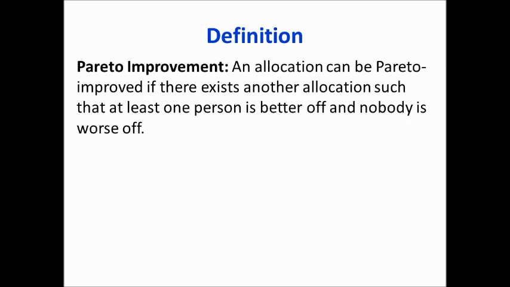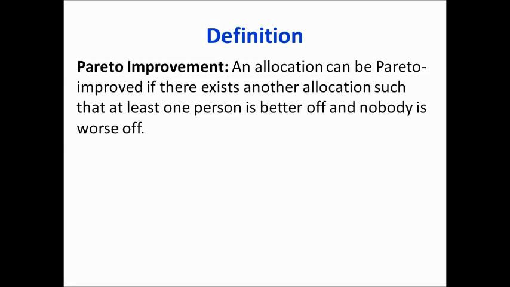Now, what is the definition? I will define Pareto efficiency using an auxiliary definition first, of Pareto improvement. What is a Pareto improvement? Well, a Pareto improvement is defined as follows.